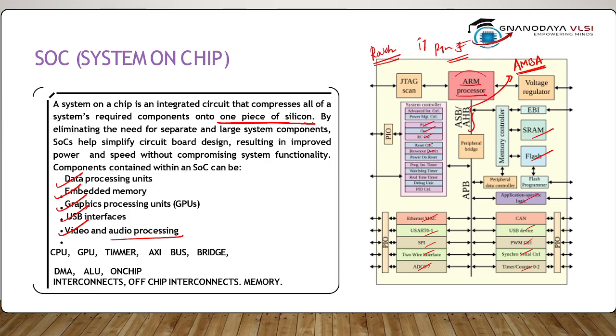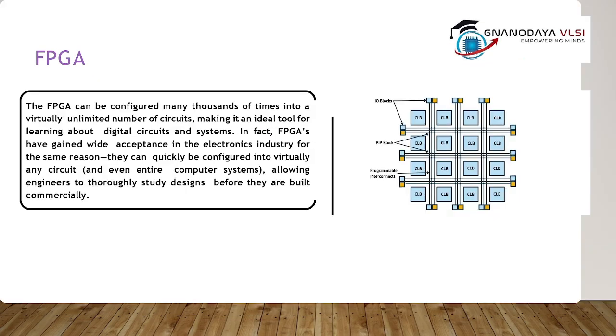The processor is a high frequency signal. And there is a peripheral bridge, APB, advanced peripheral bus, used to communicate between low frequency signals. So these are the AMBA protocols. Internally, everything is connected with the AMBA bus, AHB and APB.